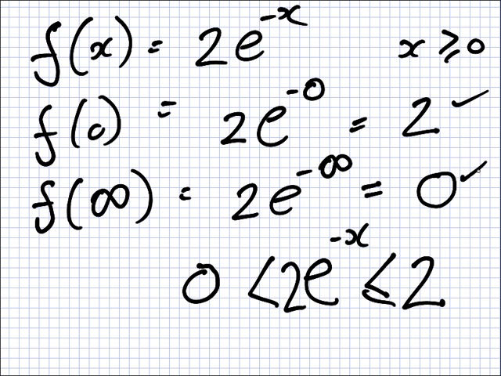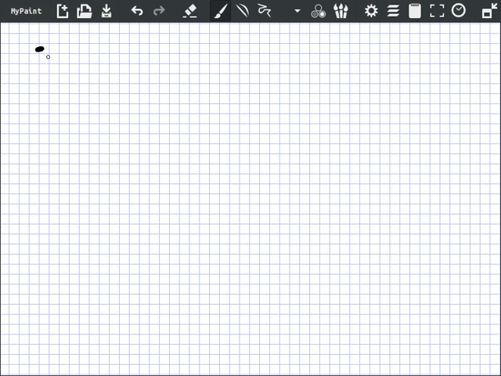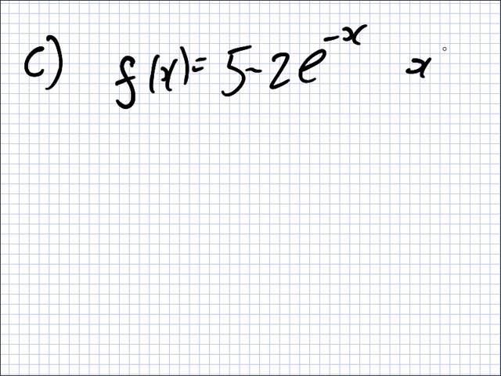Can I scroll down? So you have f(x) equals 5 minus 2e^(-x), and x is positive again. So let's have a look at f(0).